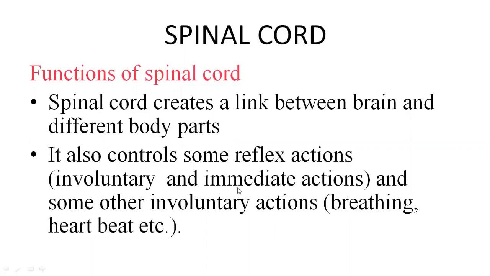Those actions which do not actually involve brain, but are executed by spinal cord. In addition to these involuntary actions, it is also involved in certain other involuntary actions, for example, breathing and heartbeat, which are primarily controlled by hindbrain.